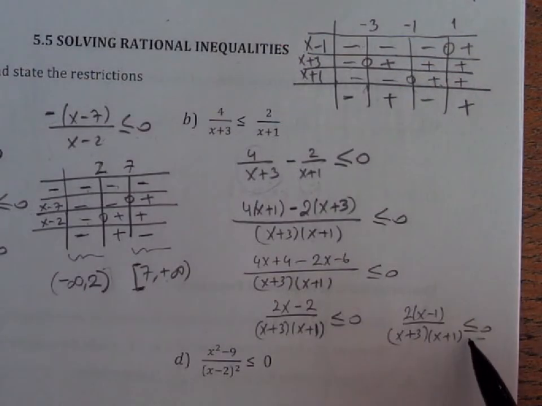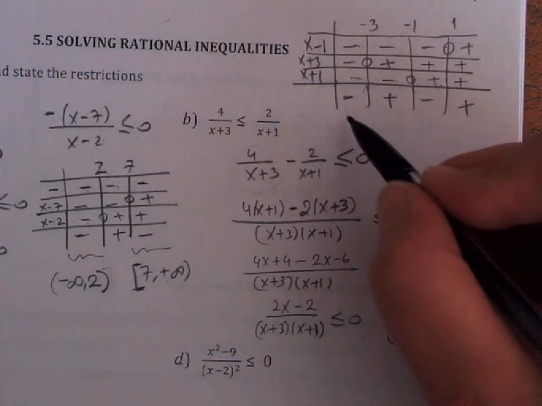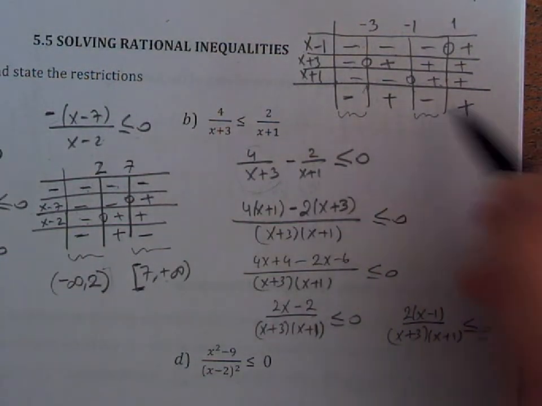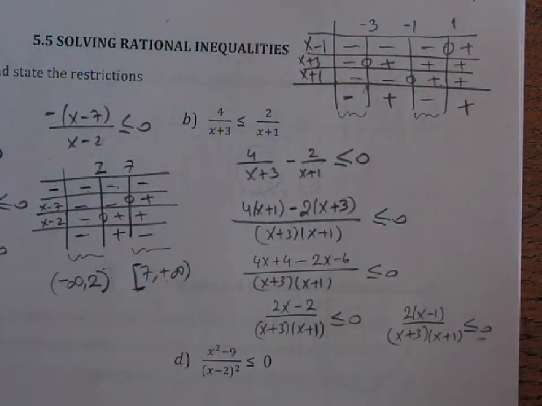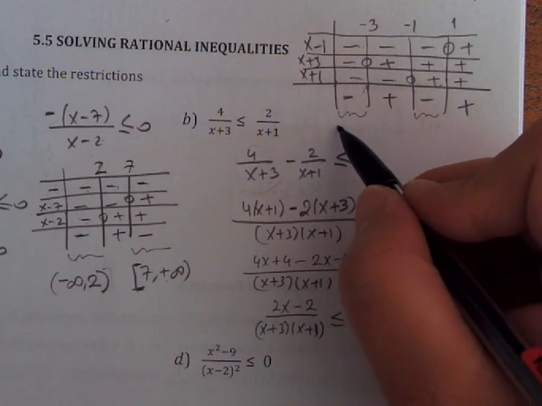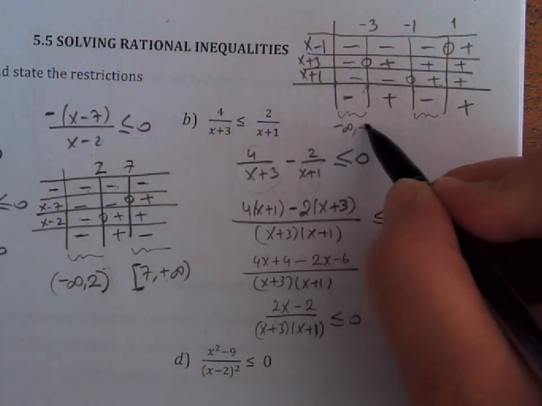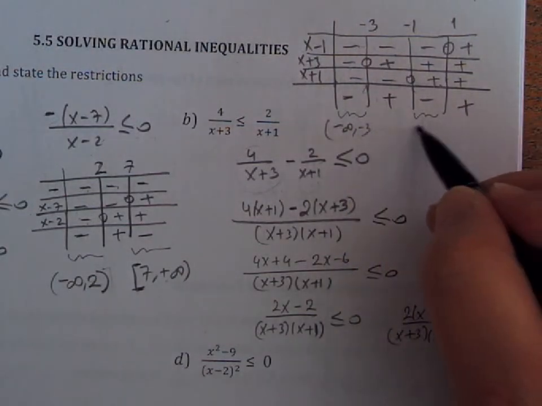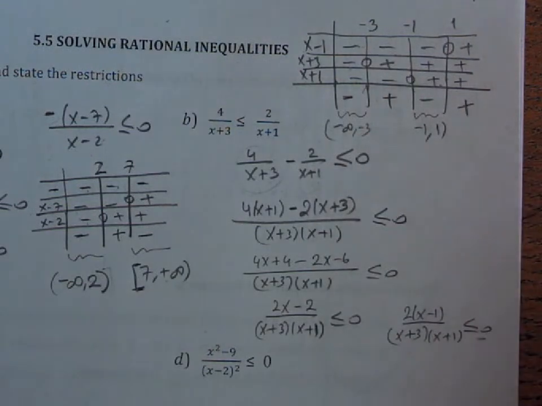So what do we need? We need less than, right? We want negative intervals. So these are the negative intervals. Okay. So write it. So you get negative infinity to negative 3, negative 1 to 1, right?